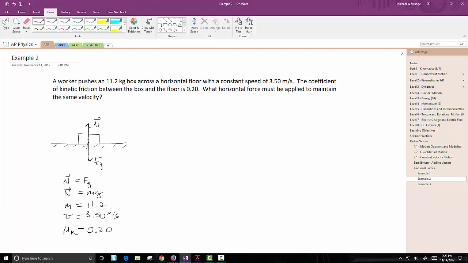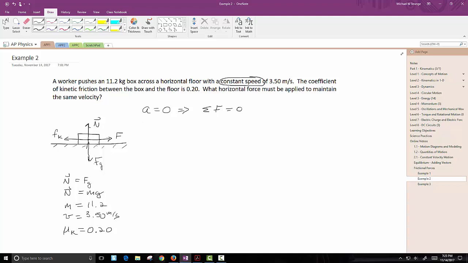Okay, so the key here is this part, this constant speed. Since it's constant speed, I know that the acceleration is 0, which implies that the net force is 0. So what that means is that whatever force I apply in this direction has to be equal to the kinetic frictional force.